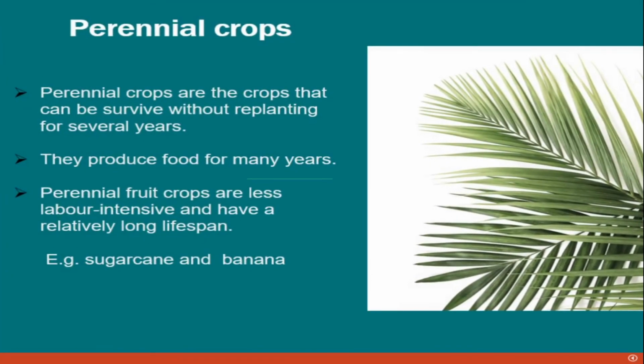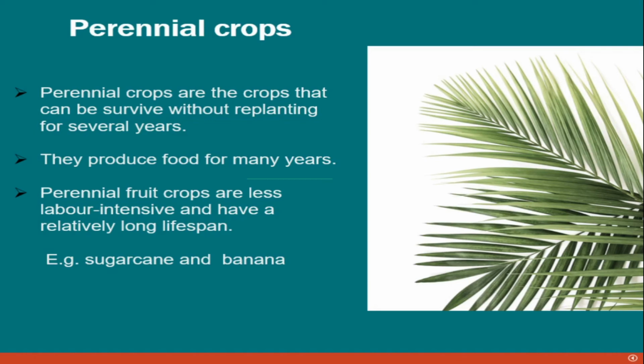Then perennial crops. What does it mean by perennial crops? These kinds of crops take more than 2 years. Perennial crops are the crops that can survive without replanting for several years. They produce food continuously for many years. Perennial fruit crops are less labor intensive and have a relatively long lifespan.